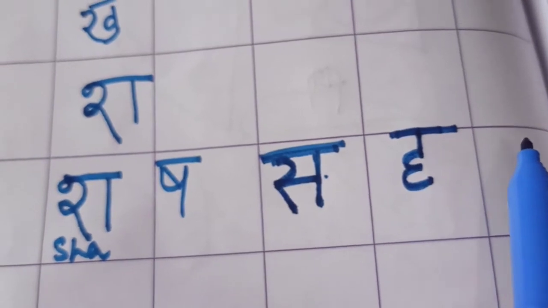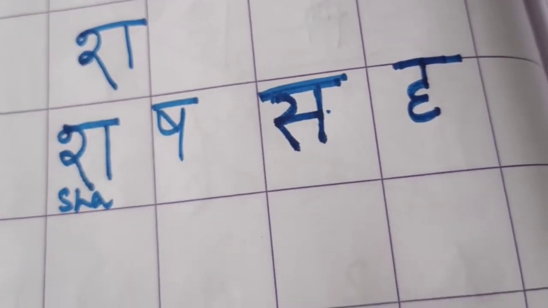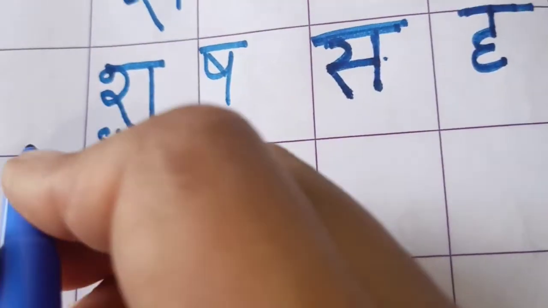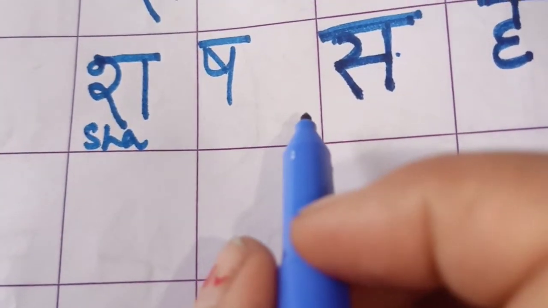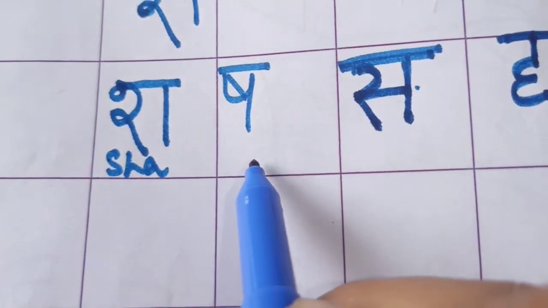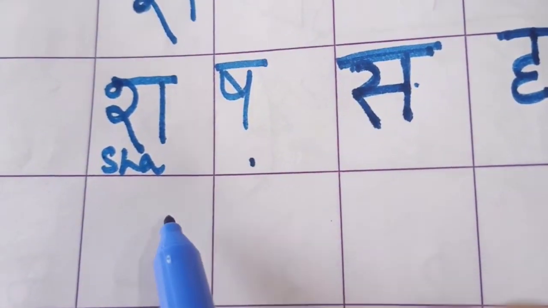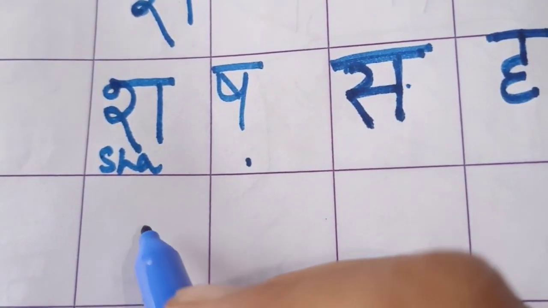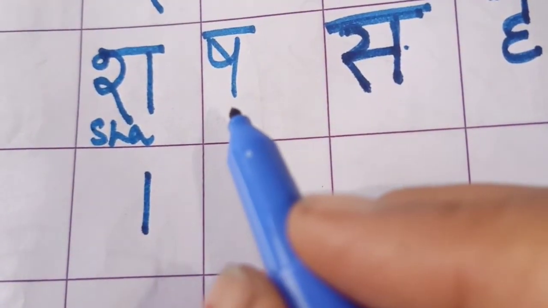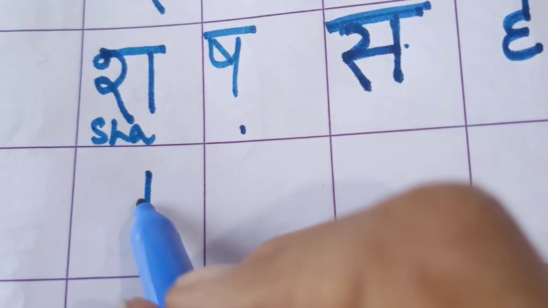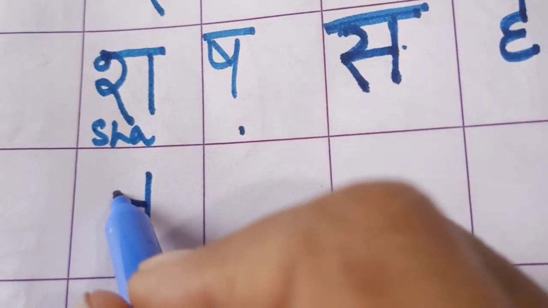Sha, sa, ha. Okay, and ya, ra, la, va we finished yesterday, and we have come to the last part, which is ksha and gya. Okay, this is ksha. Which is standing line, and there comes a little tricky part, slanting line.